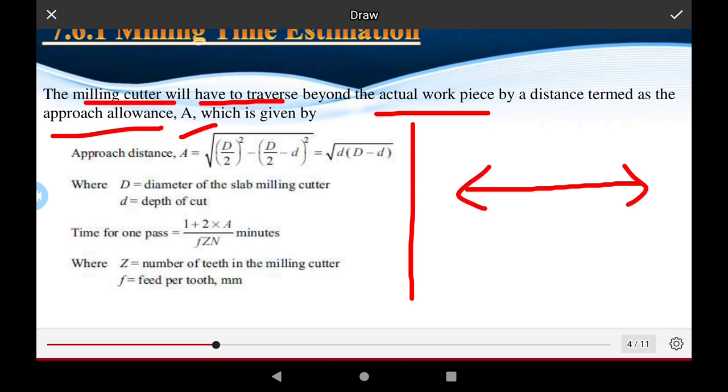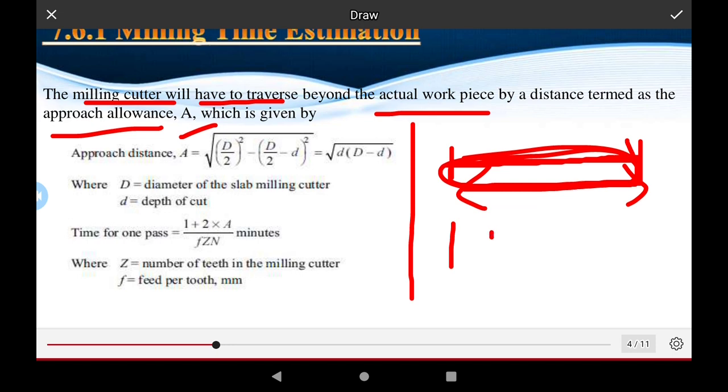Suppose this is one part, the tool travels a distance, and then the other pass is repeated in the backward direction. So the time required for one pass is the length L plus 2 times the approach distance.